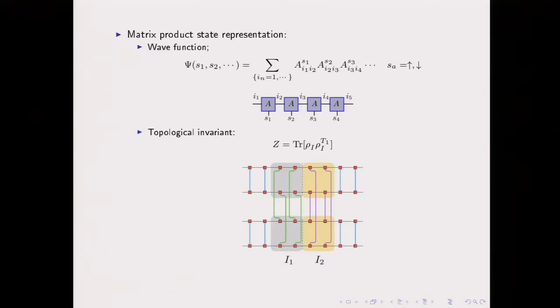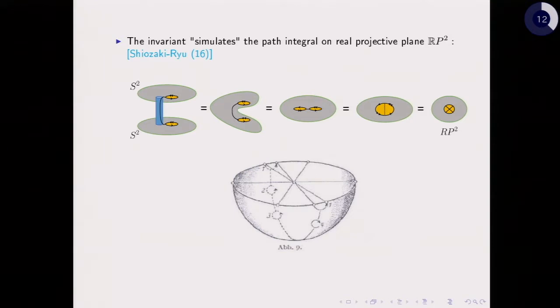For me, the essential insight why this quantity gives you a topological invariant comes from the fact that if you look at this diagram long enough, maybe a week or something like that, what you realize is that you can think of this matrix product state as some sort of discrete path integral, and then you can deform your path integral.